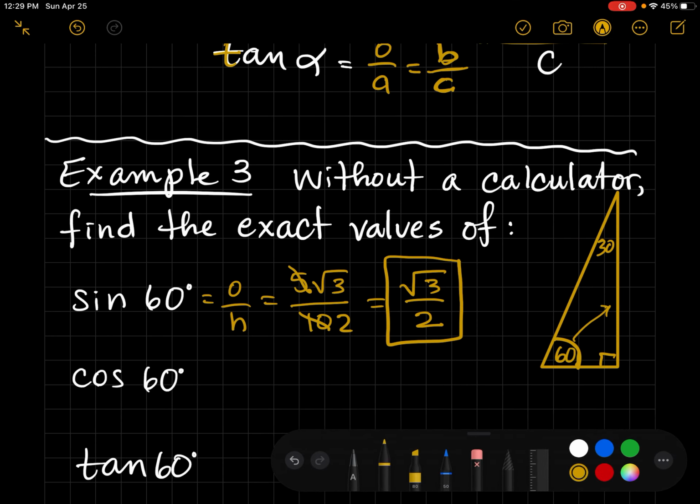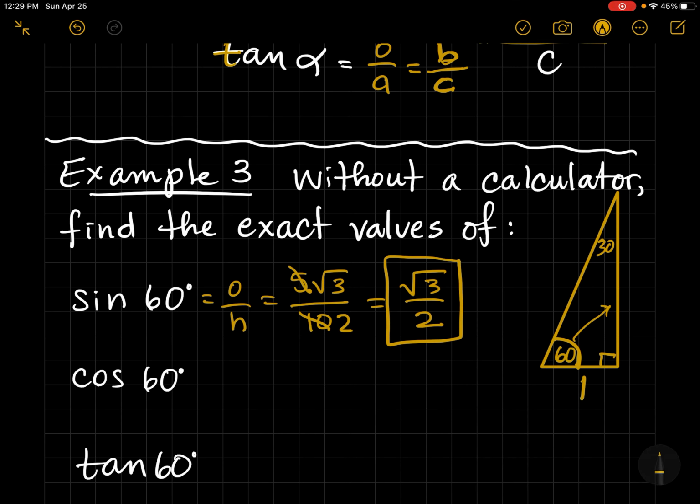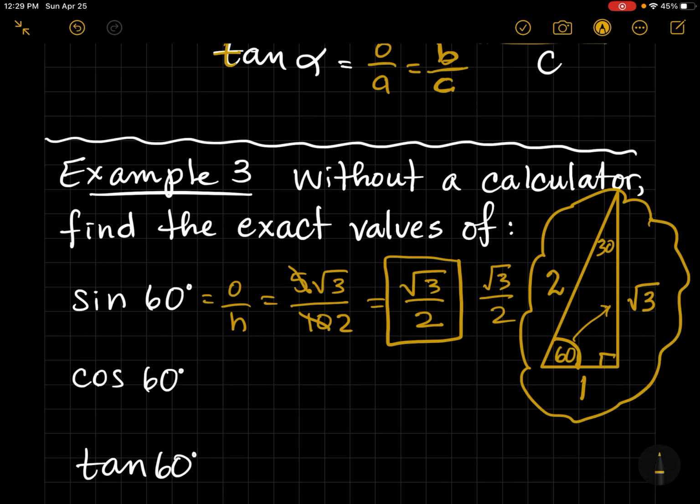So the one I like is: let the short leg be 1, let the hypotenuse be 2, and let this one be radical 3. That way, opposite, that's radical 3, over hypotenuse, which is 2. You don't even have to reduce. This is my favorite 30, 60, 90 triangle.